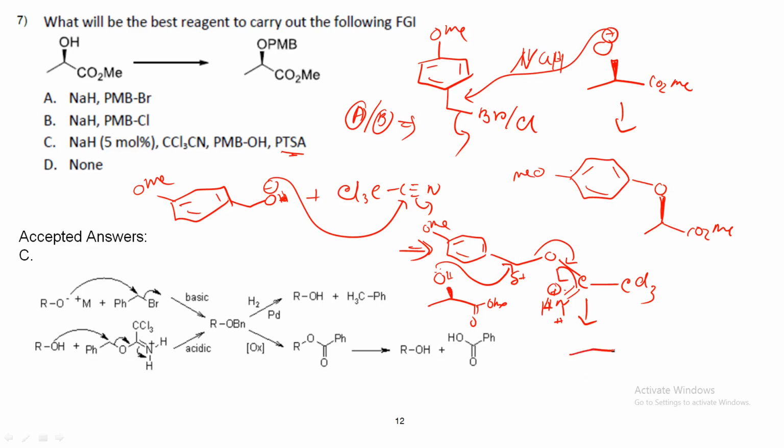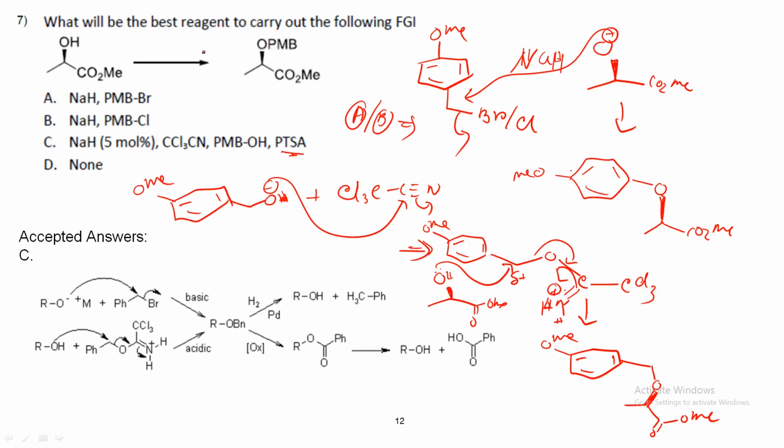So here again we are generating PMB protection, not the same way, but we are generating PMB protection. So you can see for three cases A, B, C, we are generating the same protection.